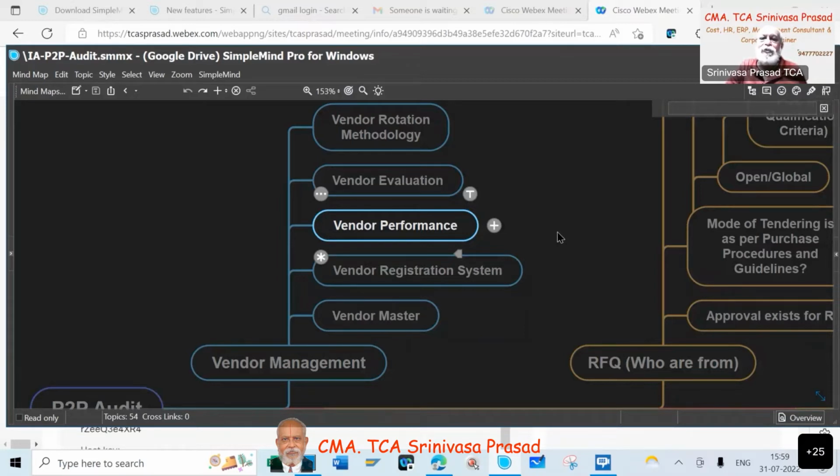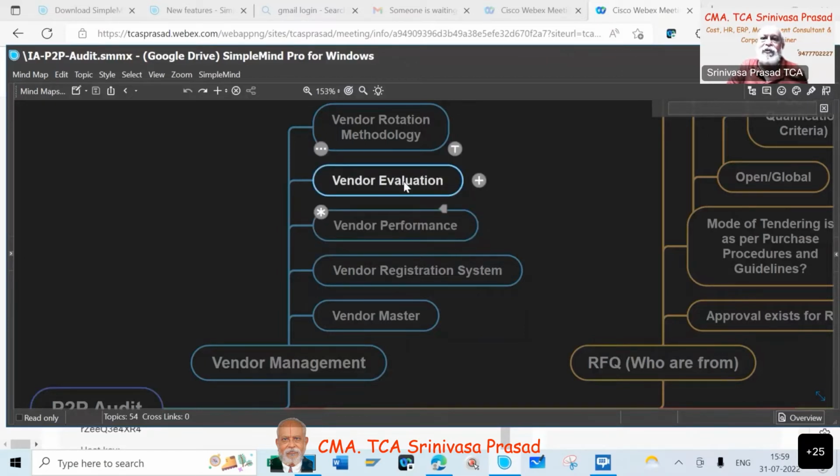So all those things put together, you have a vendor performance, and based on that, a vendor evaluation is to be done. We will have to find out whether the organization has a system of vendor performance and vendor evaluation, because that is very, very important.